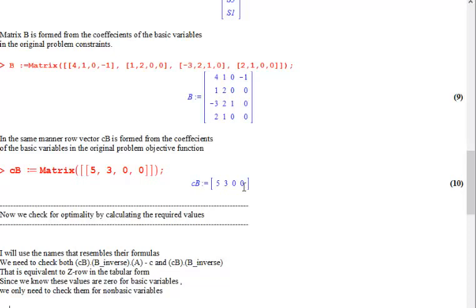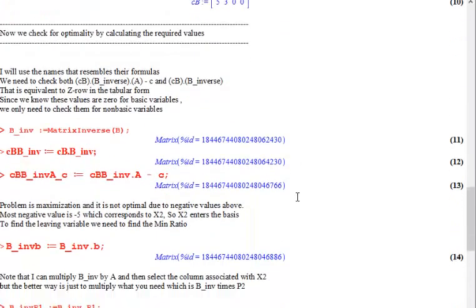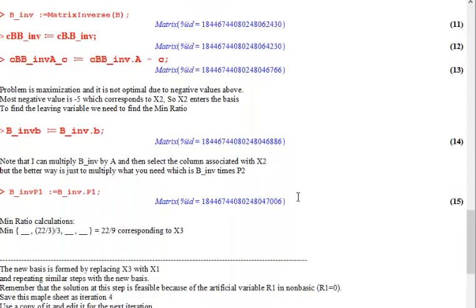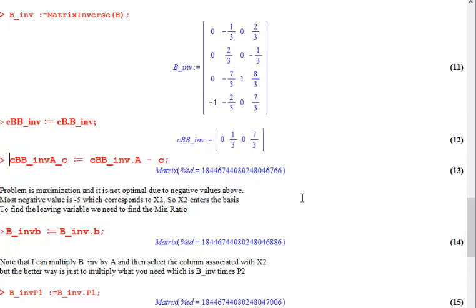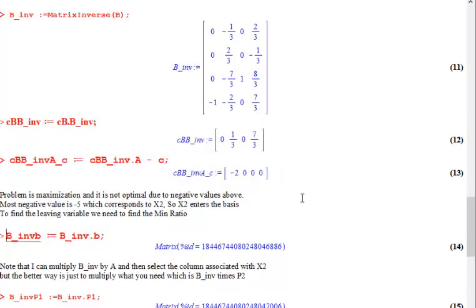In this case, because S1, which its coefficient was 0, changed with S4, which its coefficient was 0, this CB remains as the one in previous problem. So I'm going to do the calculation, B inverse B, CBB inverse, and CBB inverse A minus C.